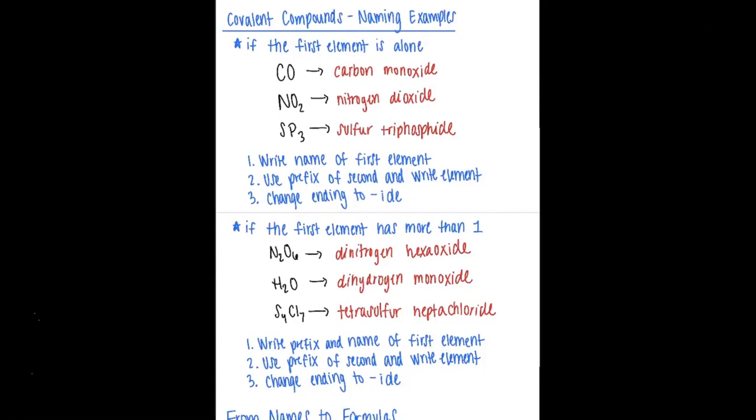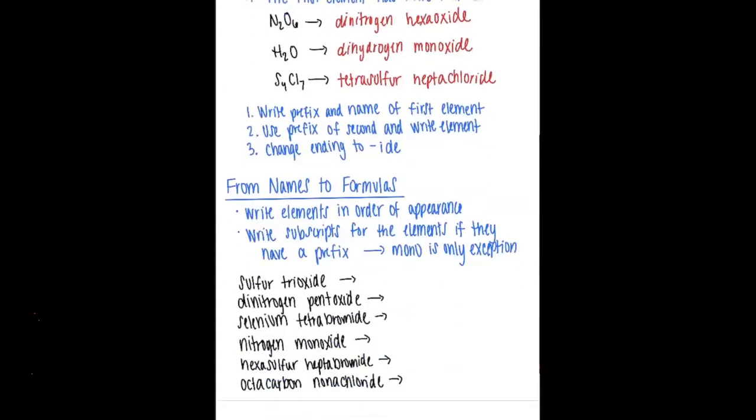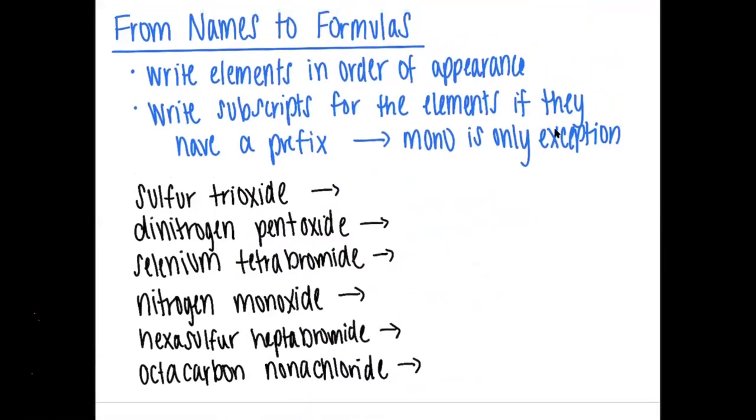All right? Now, the last part of this here is we're going from names to formula. So what you do is you write the elements in the order of appearance and you write the subscripts for the element if they have a prefix. And mono is the only exception.